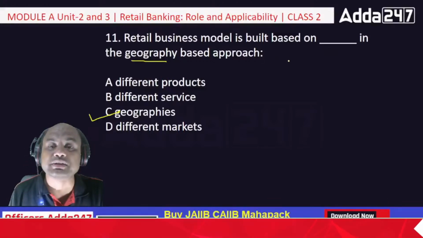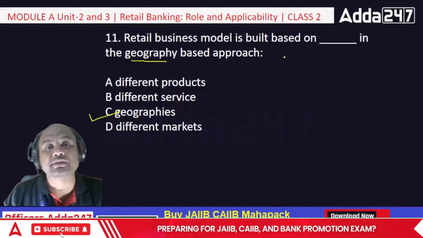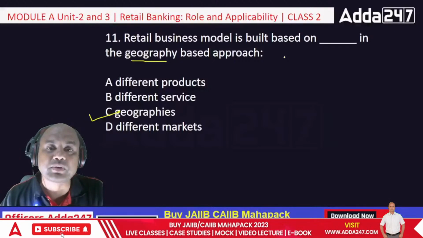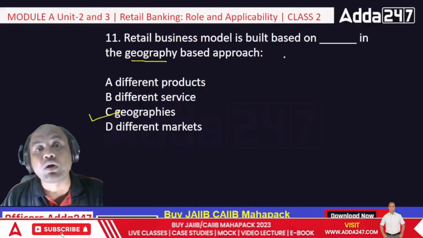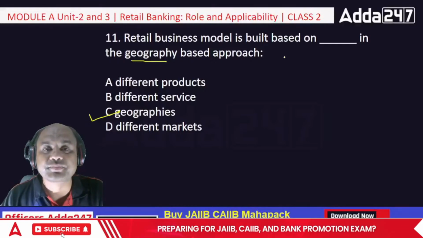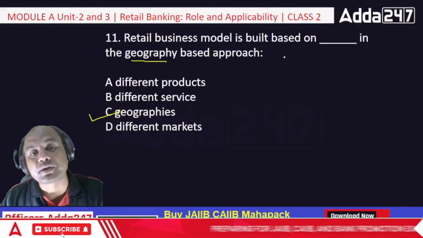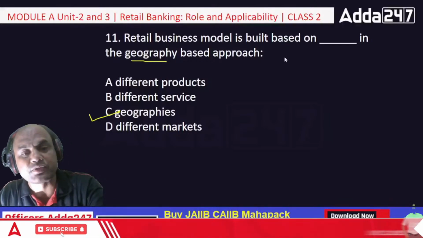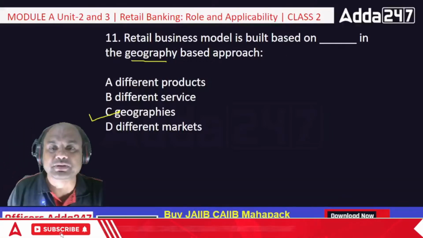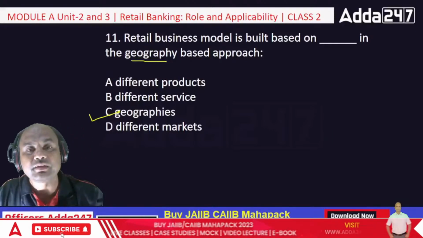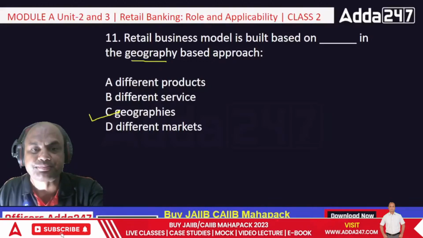Geography means location wise, state wise: Maharashtra, Gujarat, Tamil Nadu, Kashmir, Kanyakumari. Or why stick to India? UAE branch, USA branch, UK branch. This is all geography based, where it is classified as per the customers or the location of those customers. So that is basically the geography based approach.